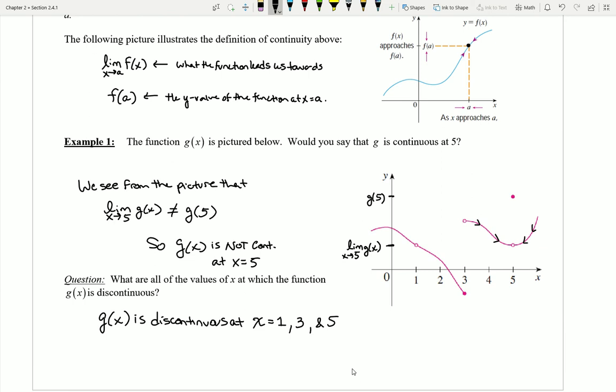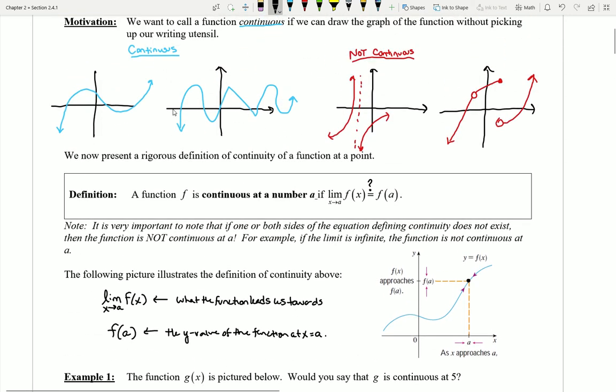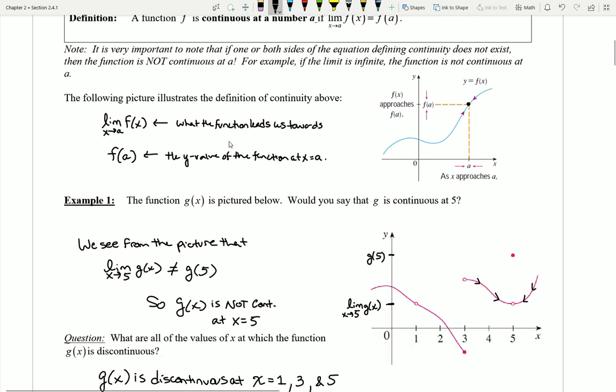So this is the idea of continuous, and we need to have a couple important takeaways here. First, it's really useful to understand this loose idea that continuous means that we could draw a picture without picking up the pen or the pencil. We should also have that connected in our mind to the idea that a continuous graph or a continuous function will look like a graph that is all connected.